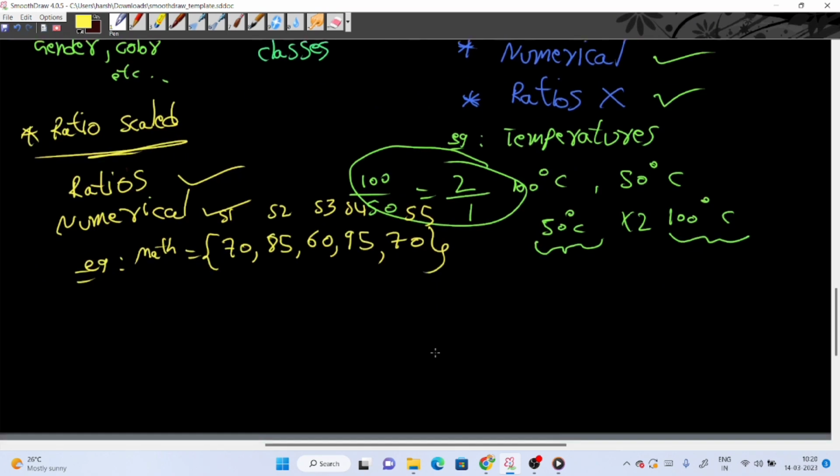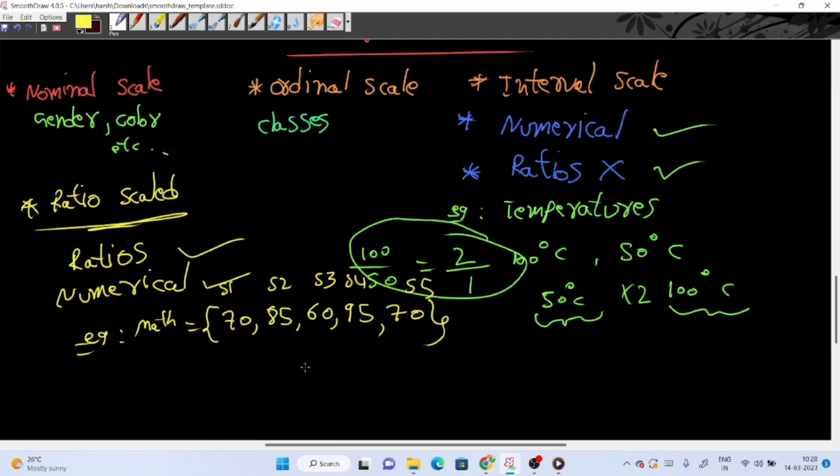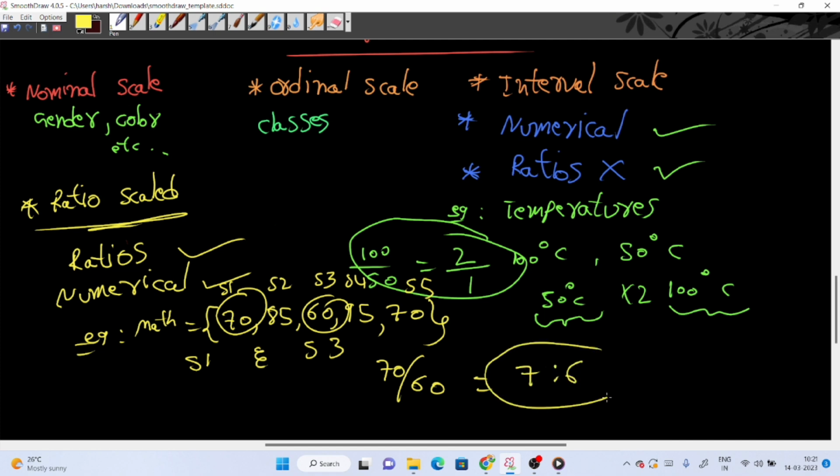If someone asks you to find the ratio of marks between two students S1 and S3, we can simply take these two values, 70 by 60, and make it a 7:6 ratio. So the marks are distributed between student 1 and student 3 in the ratio 7:6. So this is all about ratio scale data.